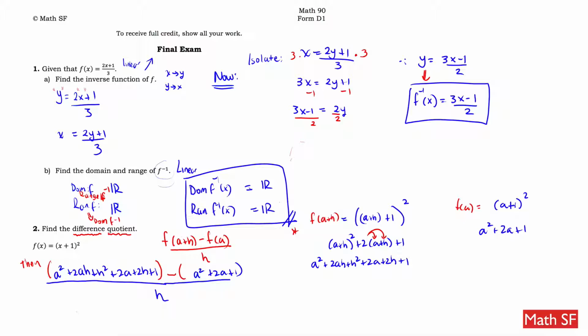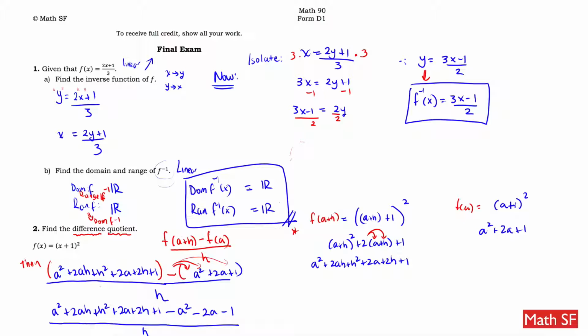Well, let's see what we are going to get whenever you distribute this negative sign. Once you distribute the negative sign, the first thing is the same, plus 2ah plus h squared plus 2a plus 2h plus 1 minus a squared minus 2a minus 1, all over h.